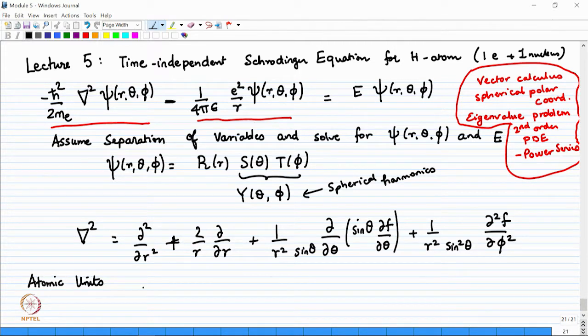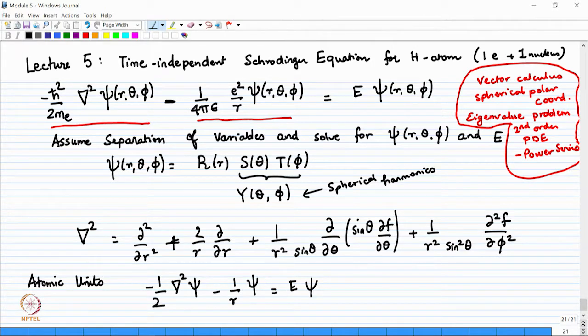So the differential equation in atomic units looks much nicer: del square psi minus 1 by r psi equals E psi. These two equations are essentially the same, only I have removed all these constants. If you want, you can keep the constants, but then the expressions become more tedious.